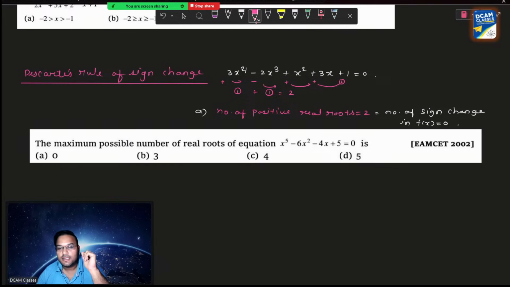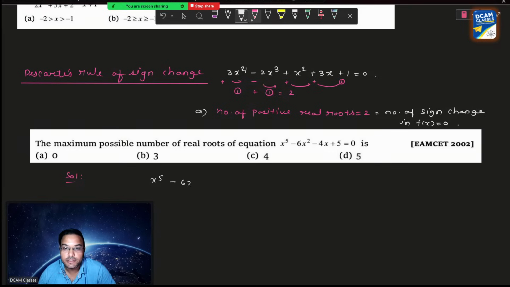See, the equation is this only, x power 5, but x cube is not there. So don't worry.